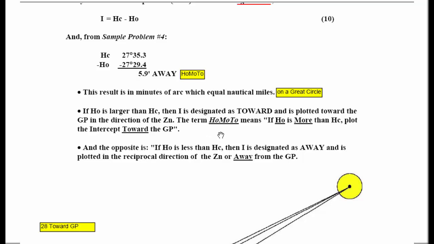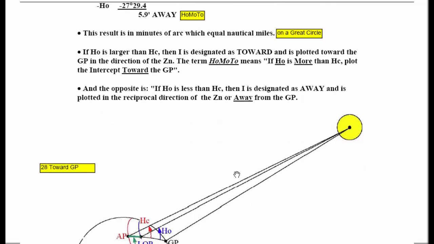The term Homo-Tow means if HO is more than HC, plot the intercept towards the GP, Homo-Tow. And the opposite is if HO is less than HC, then I is designated as away and is plotted in the reciprocal direction of the ZN, or the away direction from the GP. Now, what in the world does all that mean?